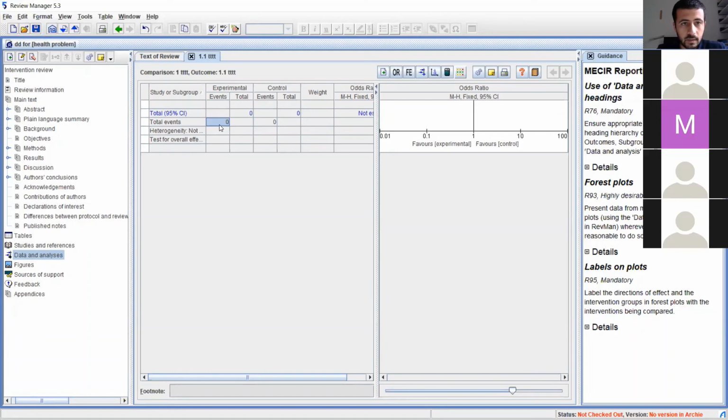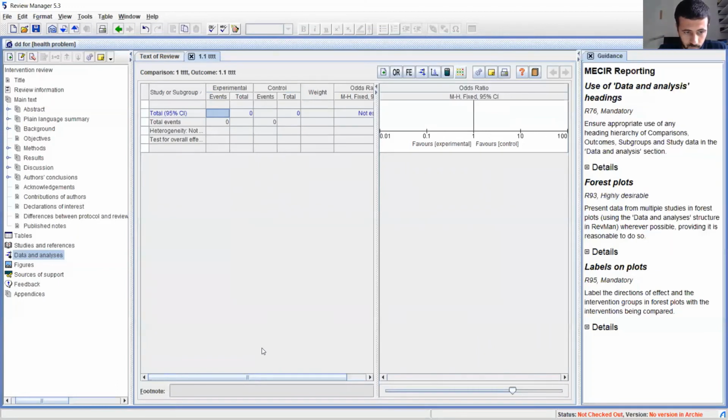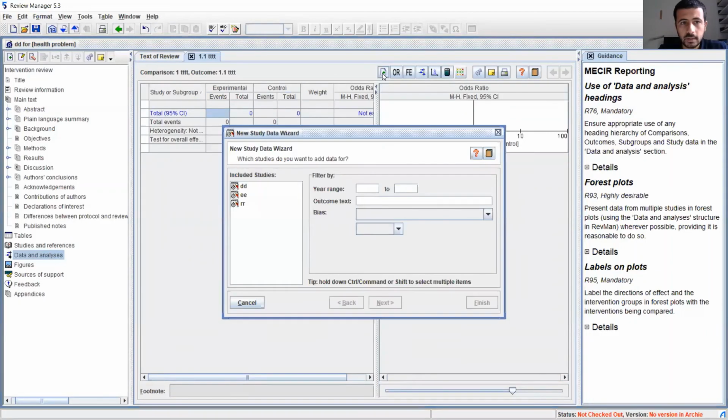Then I have, for example, for experimental, 5 of them. Add study data.